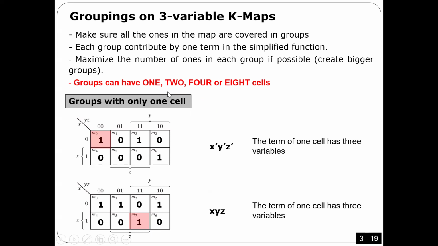One more thing. If you select 1 square here, you are going to make a term. Remember, as I told you, you need to make groups, and every group contributes 1 term in the equation. So if this group is only 1 square, this term becomes 3 variables, as you will see.